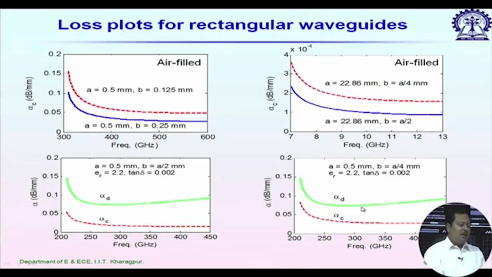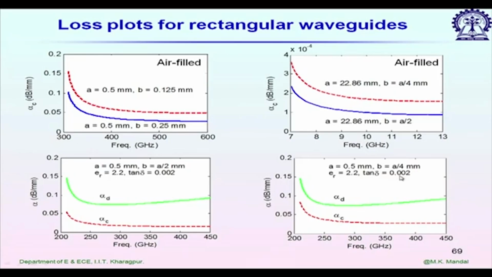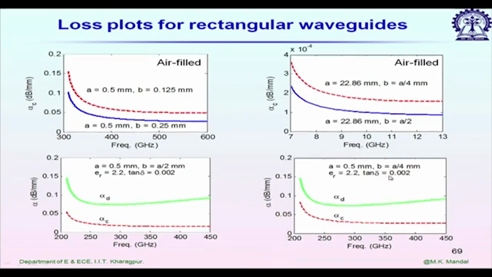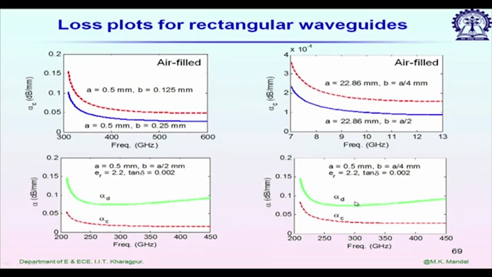And on the right side it is showing the same waveguide but with reduced thickness. Now, b is equal to a by 4. So, alpha d and alpha c have again similar variation. The only thing is that now alpha c is higher compared to the previous case.